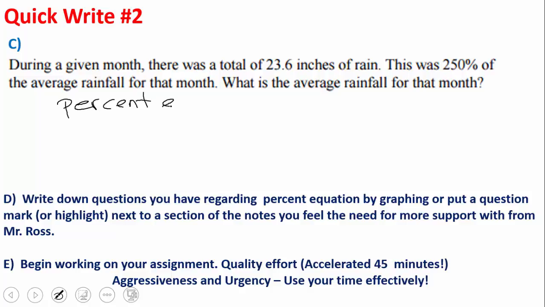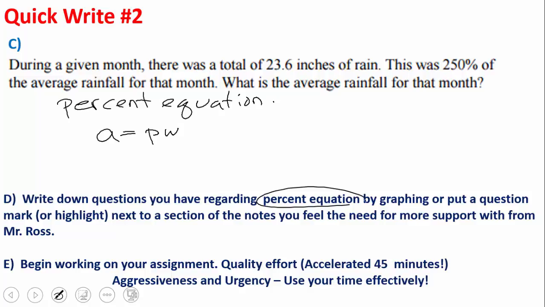I know you can pull out the proportion and do this. I'm asking you to use the equation to get practice in it. Then we can use the proportion to prove it if we want to. So our part is equal to the percent times the whole. You figure out where the 23.6 goes and where the 250% goes, and then do the math and find out.